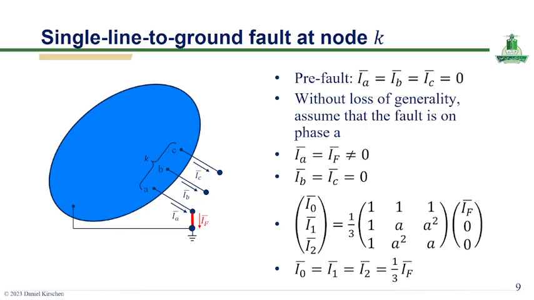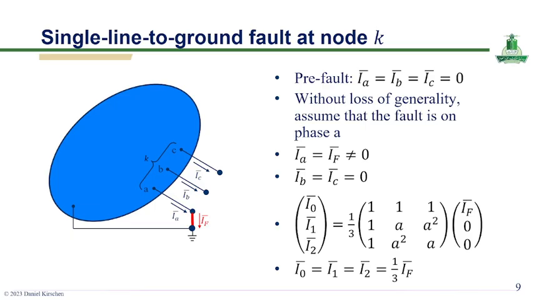By applying the symmetrical components transformation, the sequence currents are obtained, showing that the zero, positive, and negative sequence currents are all equal and each carries 1/3 of the fault current. It means I0 is equal to I1 is equal to I2 is equal to 1/3 of the fault current.